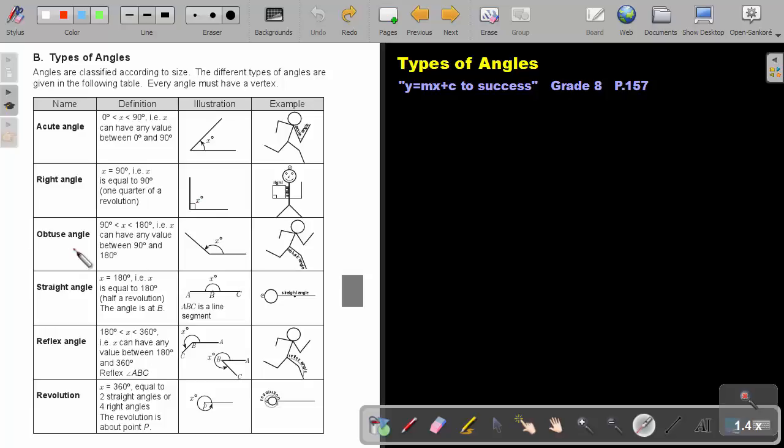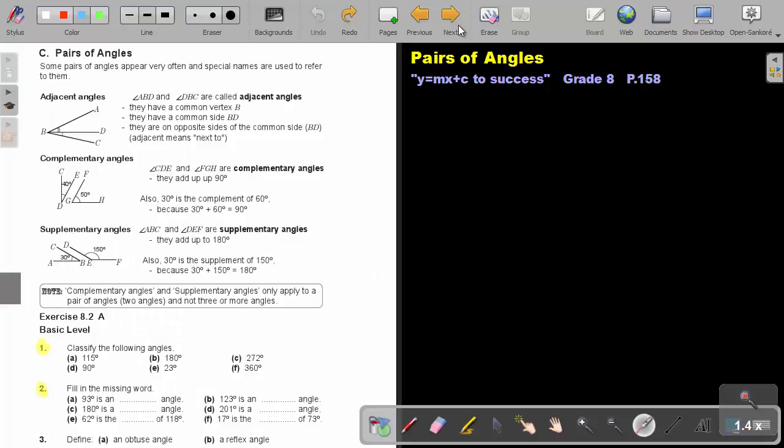An obtuse angle is between 90 and 180. A straight angle is exactly 180 degrees. A reflex angle is between 180 and 360. And a revolution, as we did on the previous page, is exactly 360 degrees.